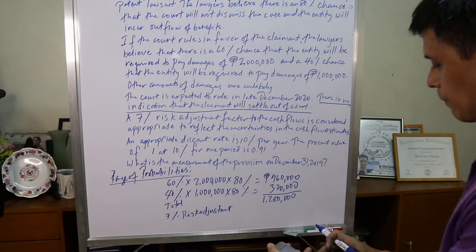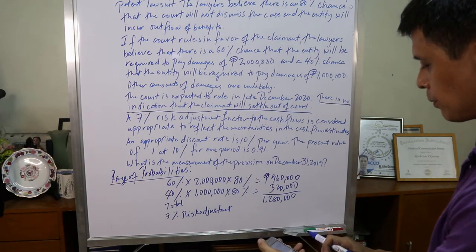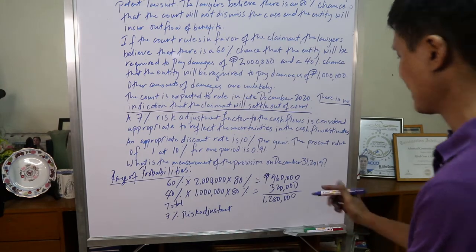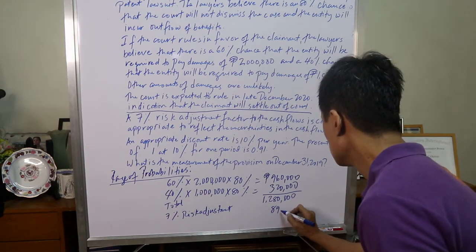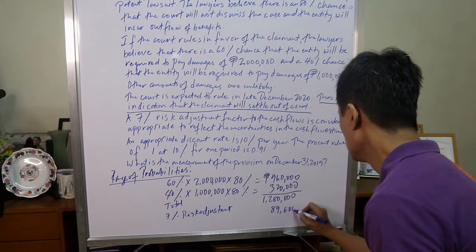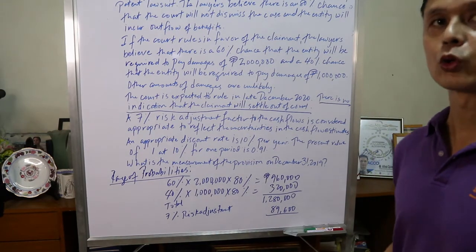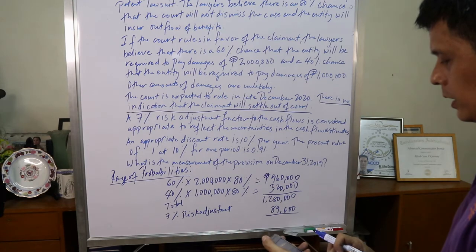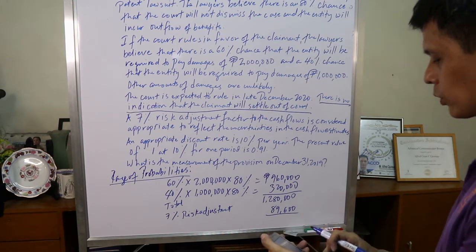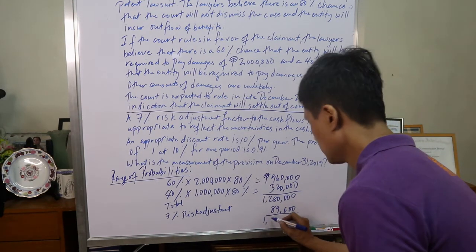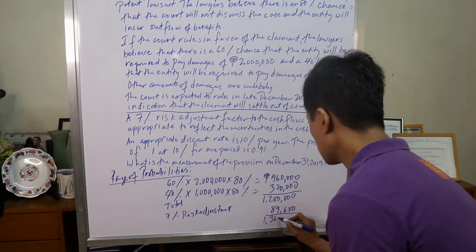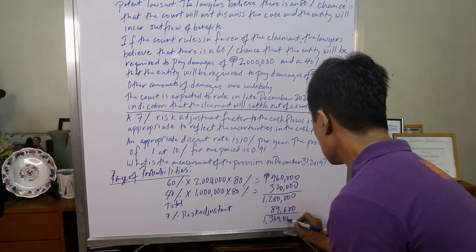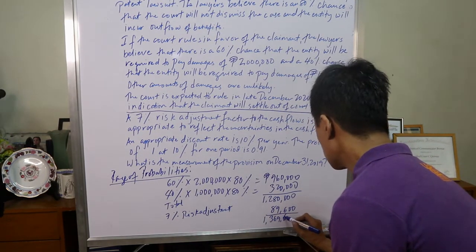So, this would be times 0.07, that would be 89,600. Okay, so kunin lang natin yung total niyan, no? So plus lang ulit natin dun sa 1,280,000. That would give you 1,369,600.